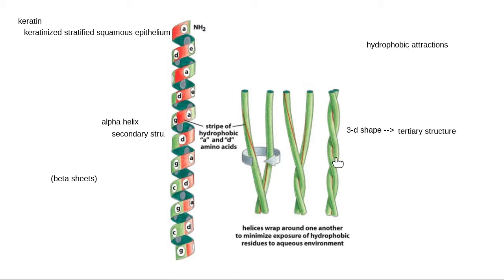So the keratin protein is a really strong protein because it's made of multiple parts of the amino acid chain that wrap around each other and squeeze together to push that water out. So keratin has the alpha helix secondary structure and then this licorice twisted up tertiary structure to keep the water away from my hydrophobic amino acids.